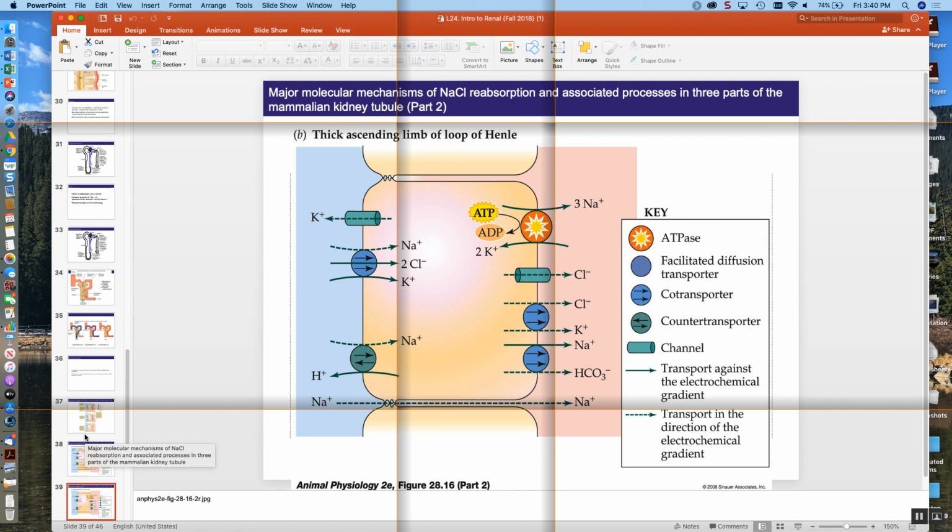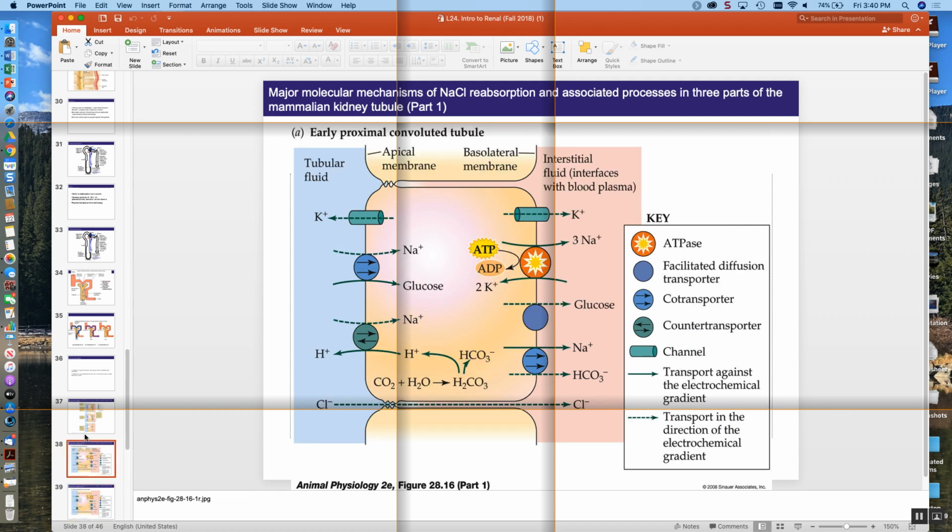So remember, this is the segment that's responsible for establishing the osmotic gradient. You're pulling all this salt out, mainly in the beginning of the thick ascending limb, and it's establishing that profound osmotic gradient within the medullary region. What's missing here is this reaction, but it's the same thing.